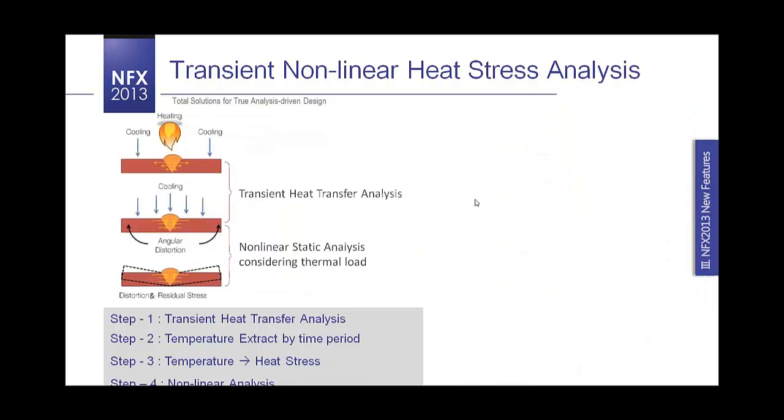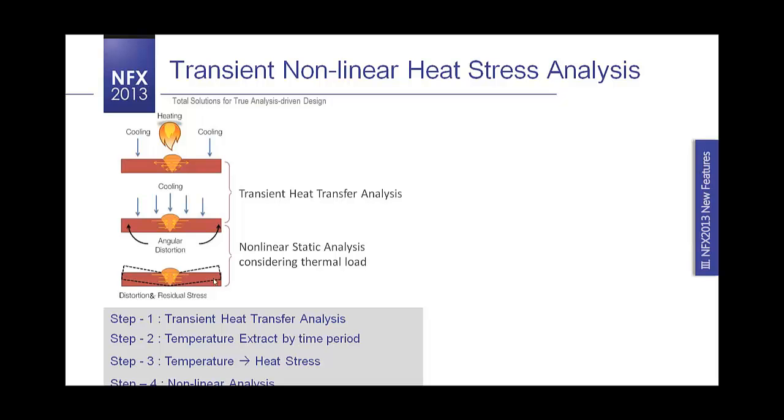Now, another type of analysis that has been added and improved a lot is the transient nonlinear heat stress analysis. So it is working in a way that first you have to heat the model, so to apply the transient heat transfer analysis. Then the thermal load is transformed into a load and applied to the structural model in order to see the deformation too.